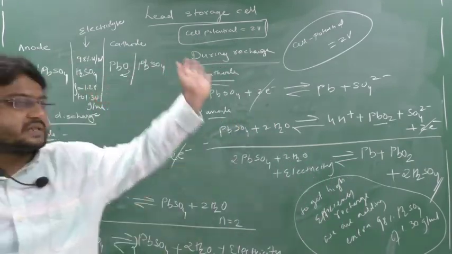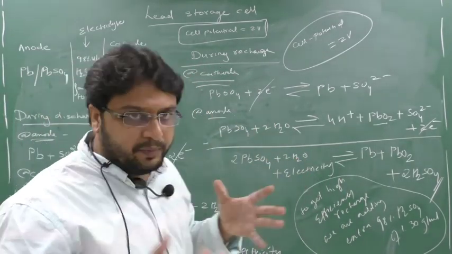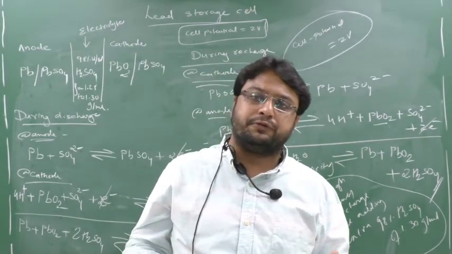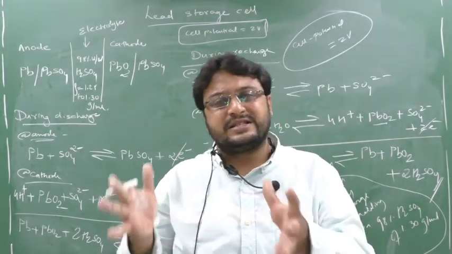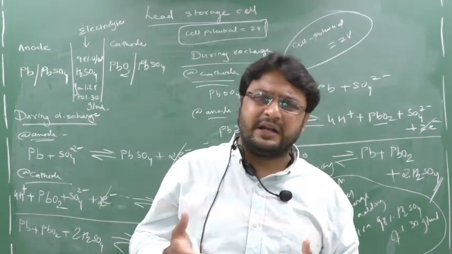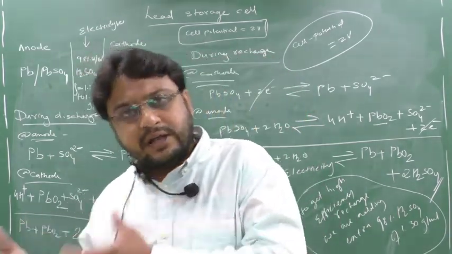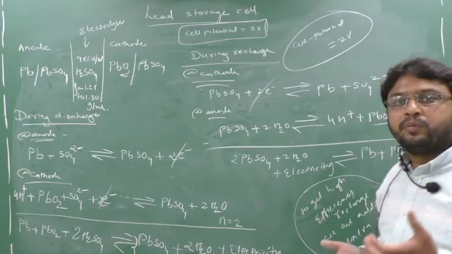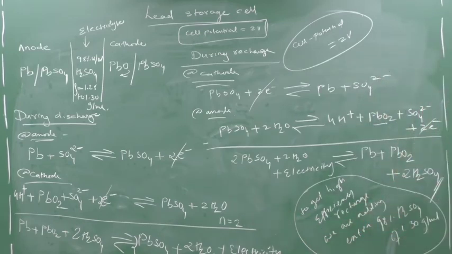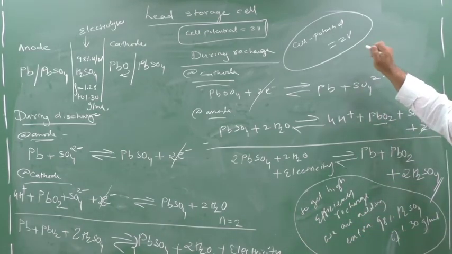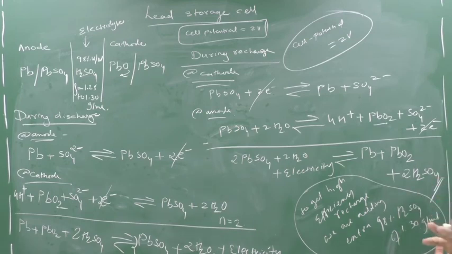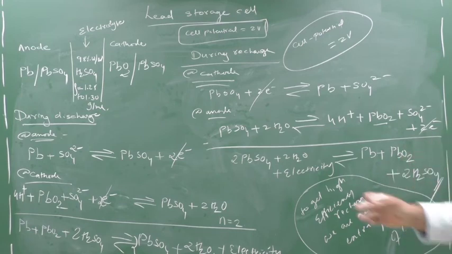So a number of such cells are connected and they form a battery of nearly 12 volts or 24 volts or 36 volts, and such batteries, like Exide battery, Amaron battery, are used in trucks or in extra appliances or in your home inverter. Many appliances have them. Okay, so each cell potential is 2 volts, a number of cells are connected in series and they will generate nearly 12 volts to 24 volts or 6 volts or 8 volts, however much is required, but each cell is giving 2 volts.